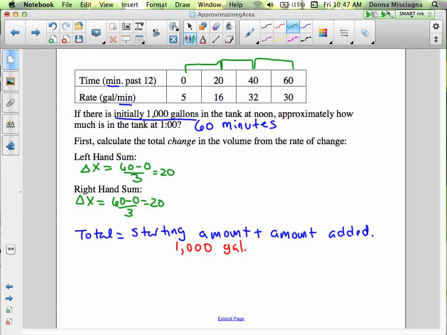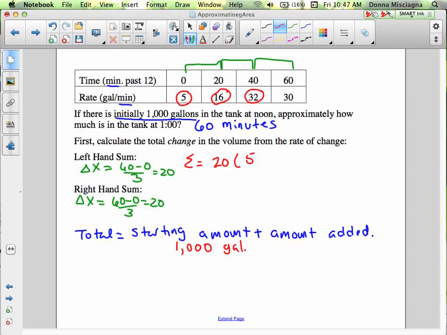All right, so now let's find the change in the volume. The left-hand Riemann sum is going to be the 20, our change in x, times the heights. And if we're doing a left, it's going to use the values on the left-hand side of the bar. So there's the first bar, the second bar, the third bar.